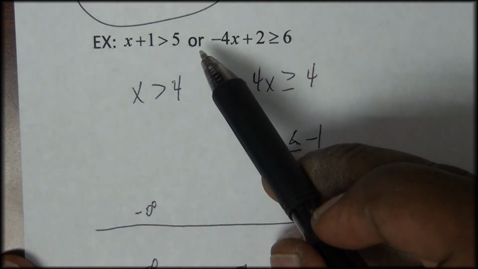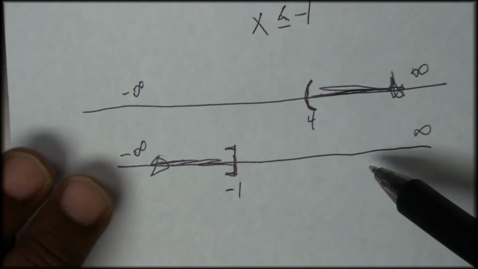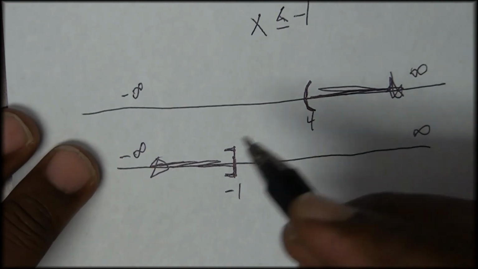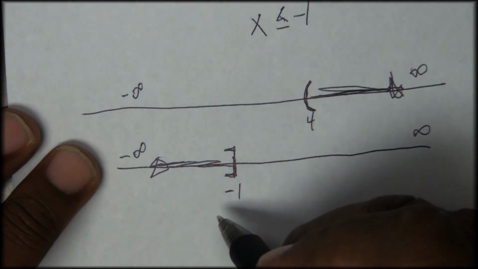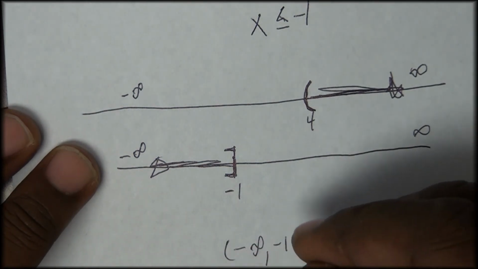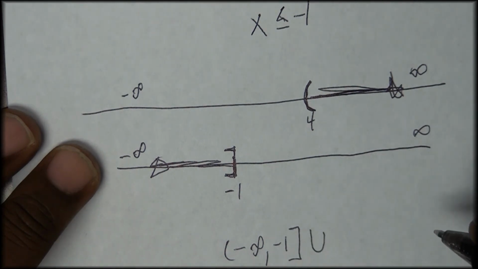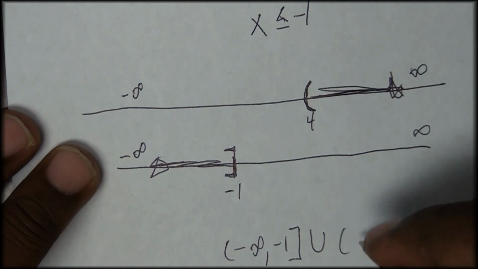Here we want the union, so we'll combine our sets. So our final answer is the half open interval from negative infinity to negative 1 union the open interval from 4 to infinity.